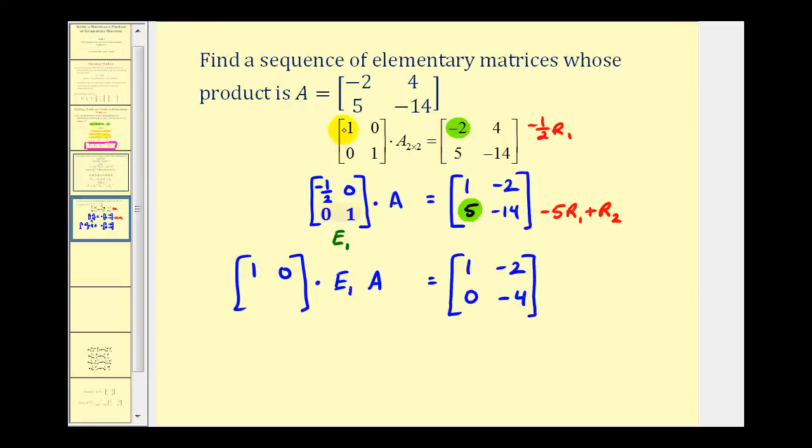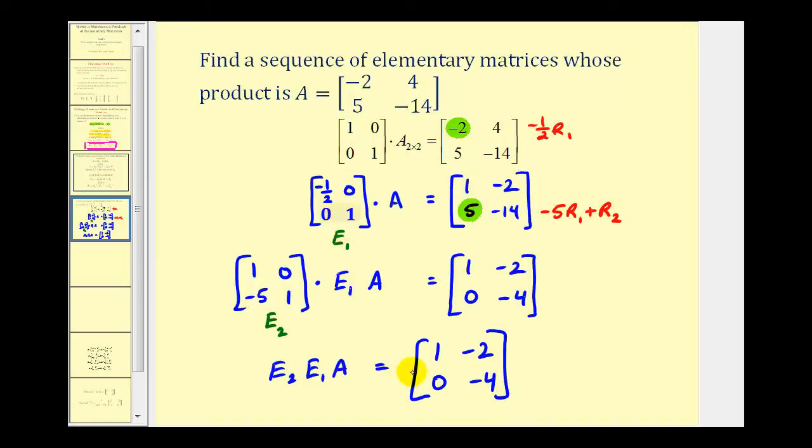Second row will be negative 5 times 1 plus 0, that's negative 5. And then we have negative 5 times 0 plus 1 is still 1. This is our E sub 2, or elementary matrix sub 2. We'll continue this on the next slide, but so far what we have found is that E sub 2 times E sub 1 times matrix A would give us the matrix on the right, which is 1, negative 2, and 0, negative 4.